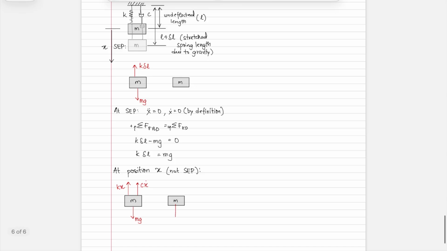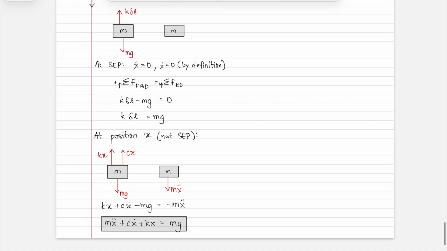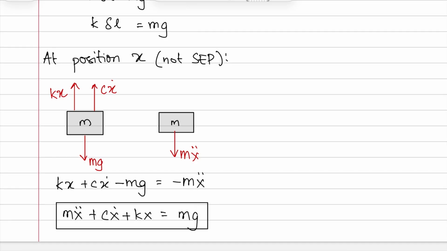So it'll be in the same direction as x, you have m x double dot. In this case, your equation of motion, if you were to do the same Newton's law, you will have kx plus c x dot minus mg is equal to minus m x double dot, or you will have m x double dot plus c x dot plus kx is equal to mg. Okay, this is your equation of motion.